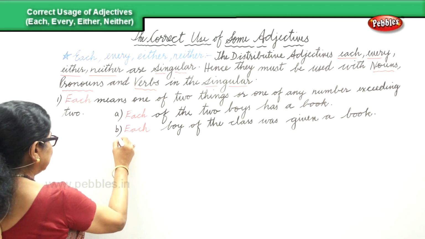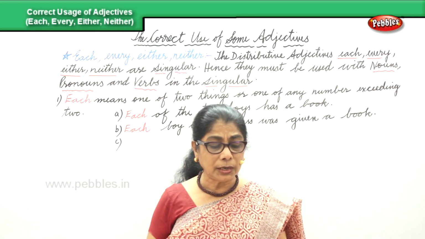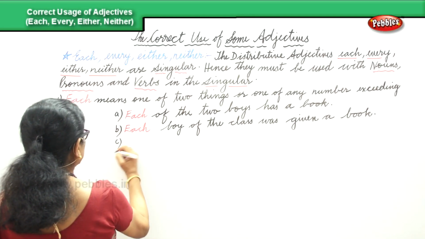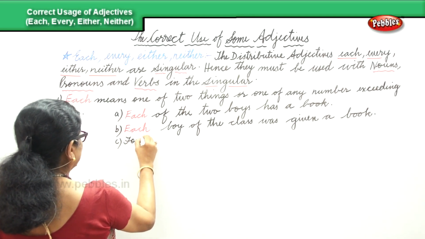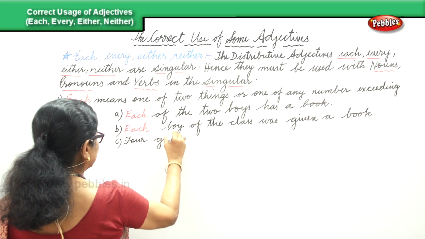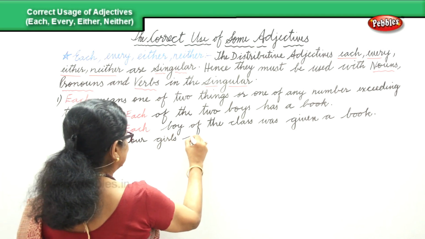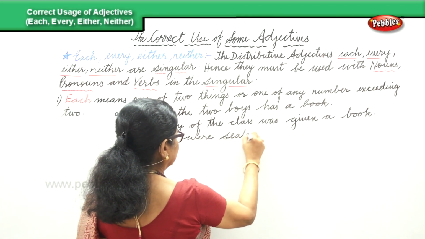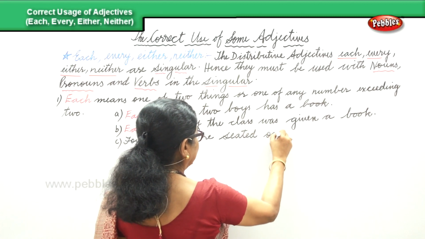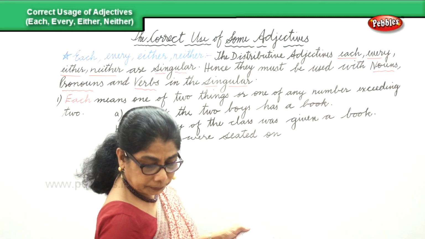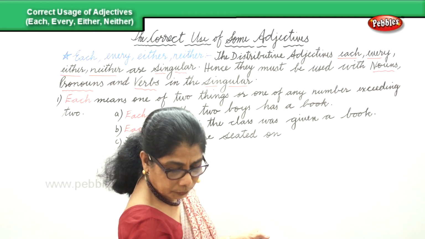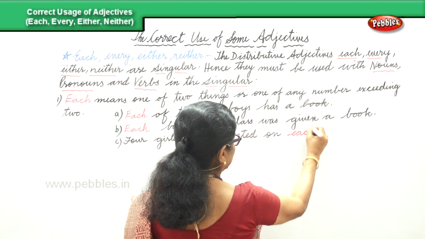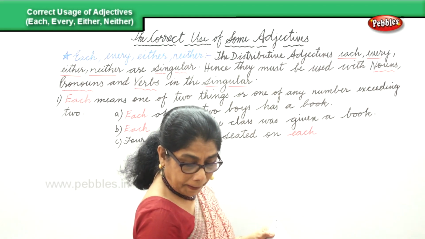And we have one more sentence. 4 girls were seated on each bench.